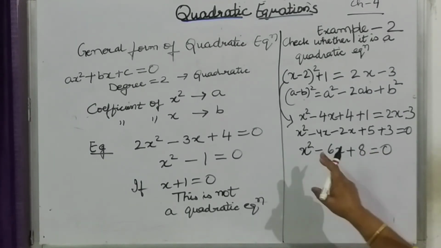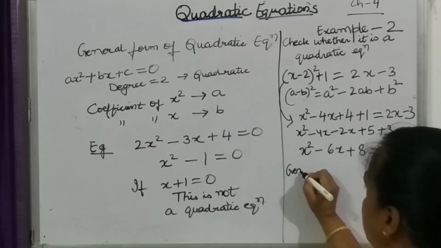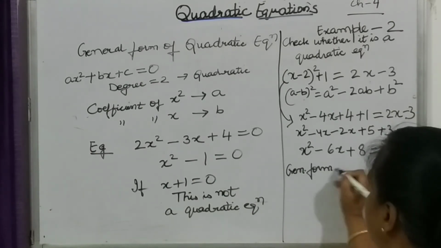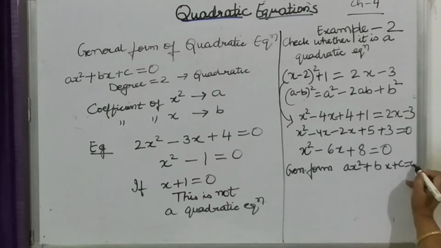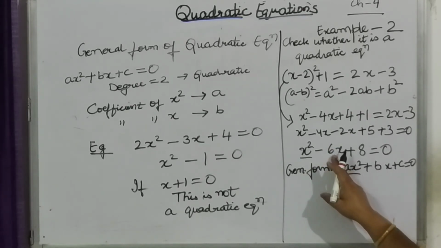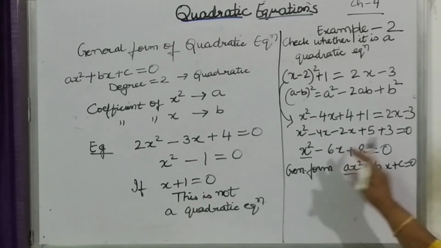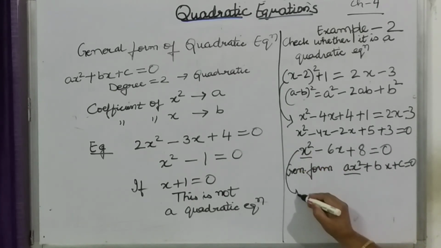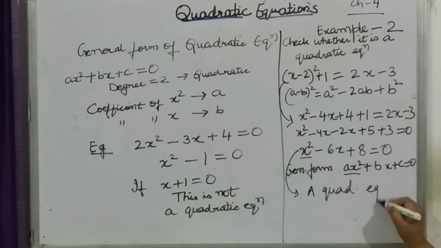If I compare this with my general form of the quadratic equation, ax square plus bx plus c is equal to 0, you can see that the equation I have obtained is in accordance with it. So this is a quadratic equation, right?